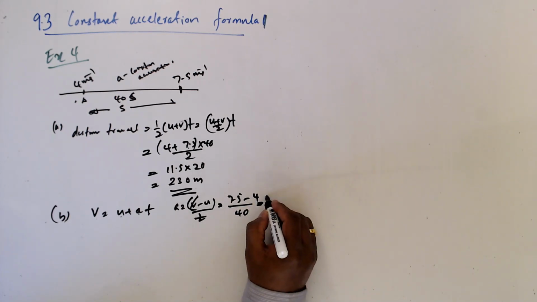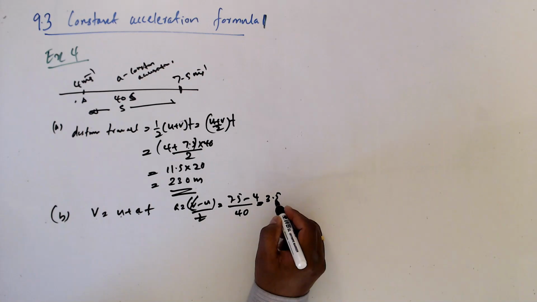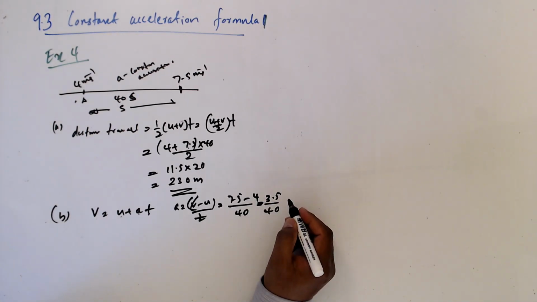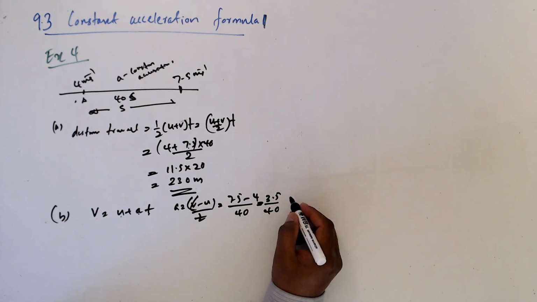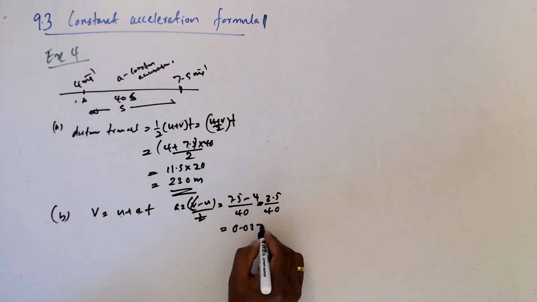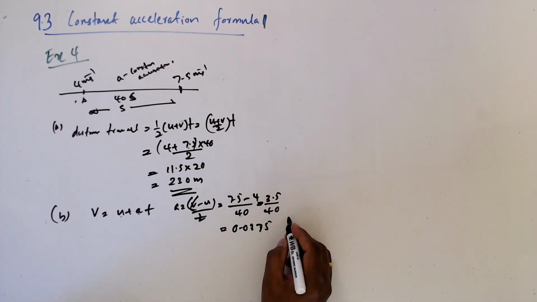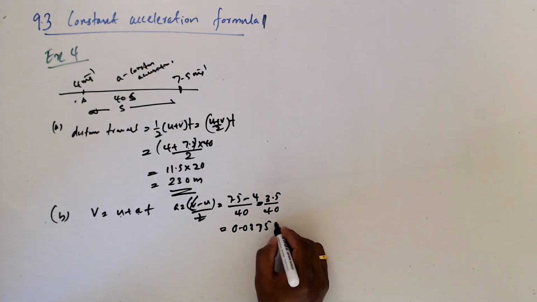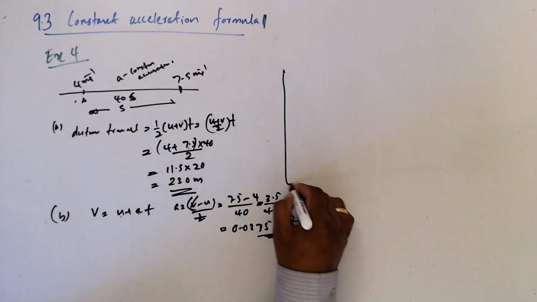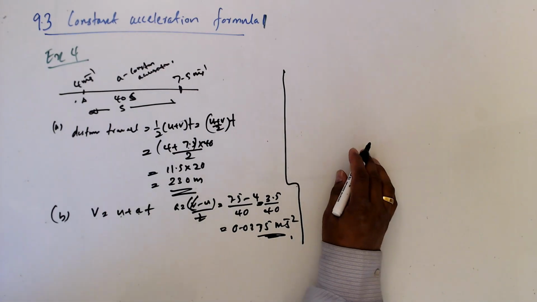So this is going to be 3.5 divided by 40, which is 0.0875 ms minus 2.